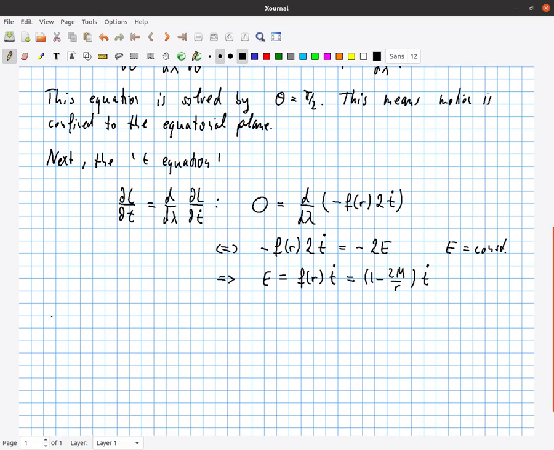We have t independence, and this corresponds to a sense of constancy of energy. So the Lagrangian is independent of time. Usually this means energy is conserved in classical mechanics.